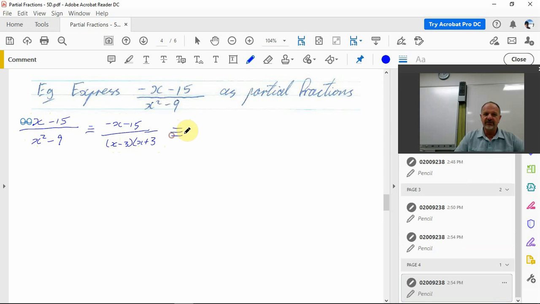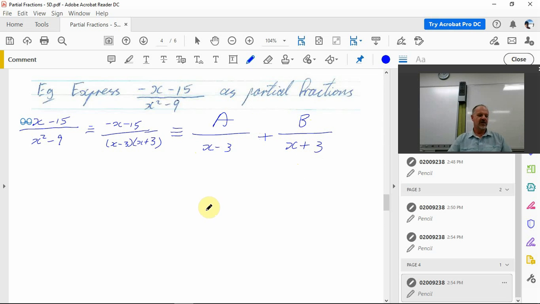So that's then equivalent to a over x minus 3 plus b over x plus 3. All right, then put it over the same denominator.